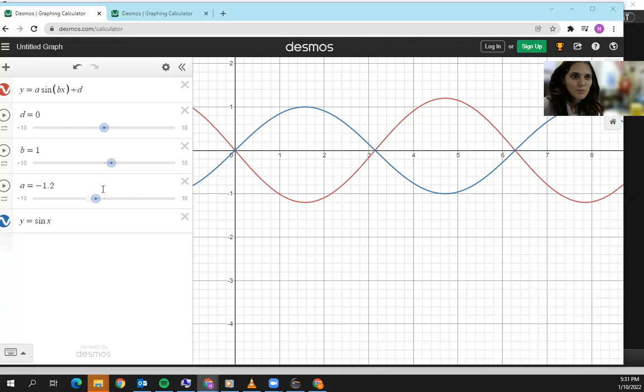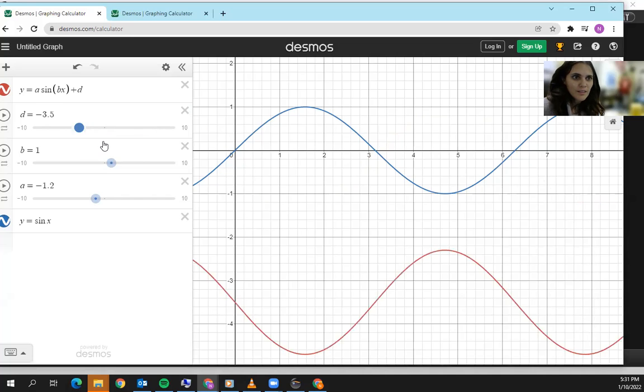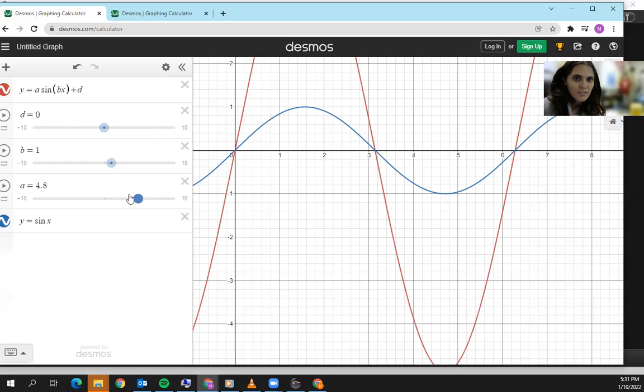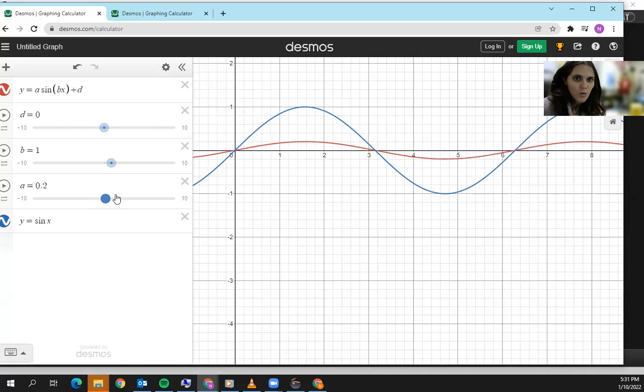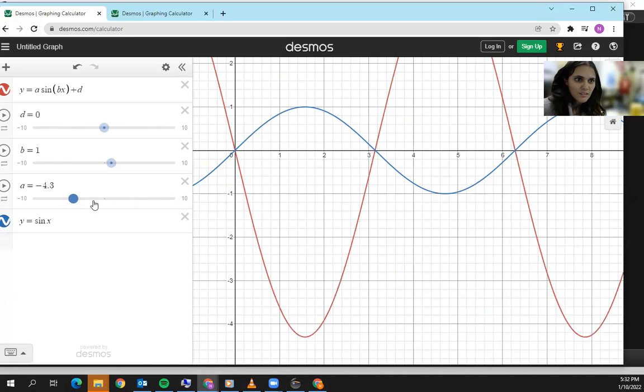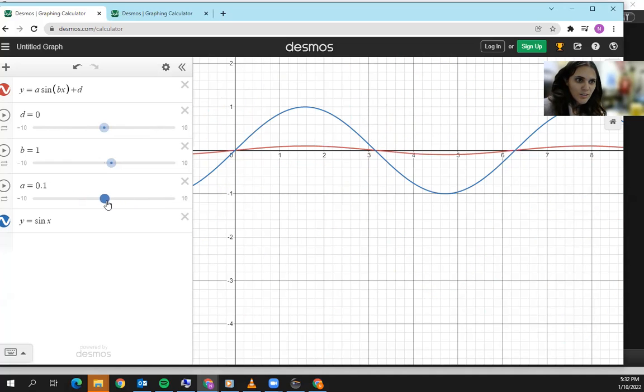Right, so again, let's review what D did. D brought it up and down. A vertically compressed it, like that, or vertically stretched it, or could flip it entirely. Now, what do you think B is going to do? Let's see. If I increase B, what happens?